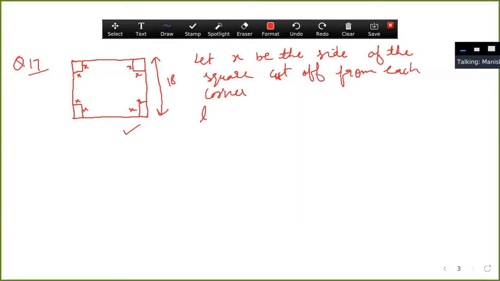Then the length: x is cut from here, x is cut from here. What is left here? The length will be 18 minus 2x. And what will be the breadth? The breadth will be the same, 18 minus 2x. And what is the height? The small square which you are cutting from the corner, that size is the height of the box. x unit, write down unit.